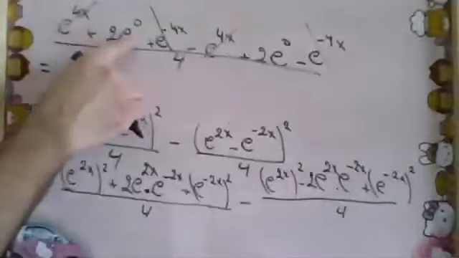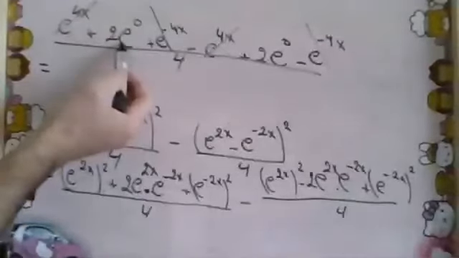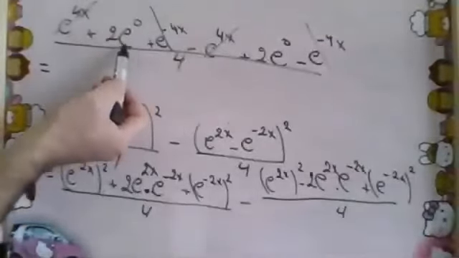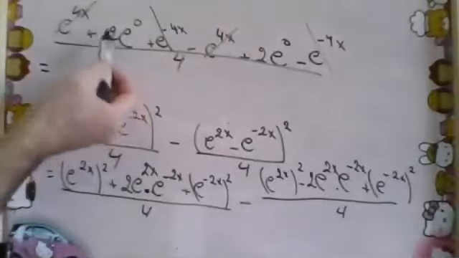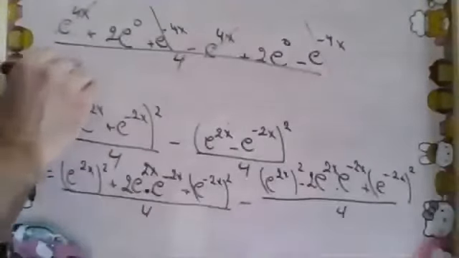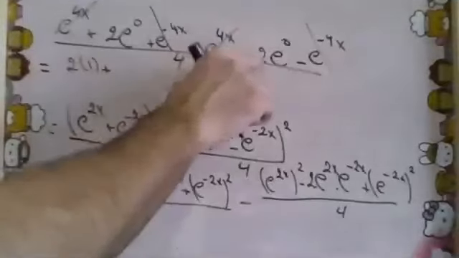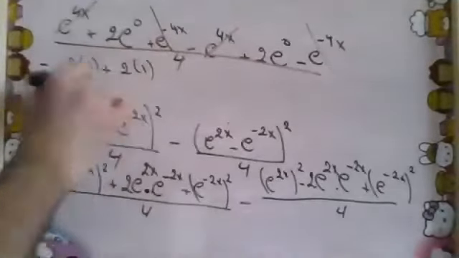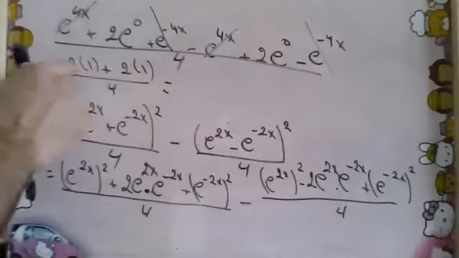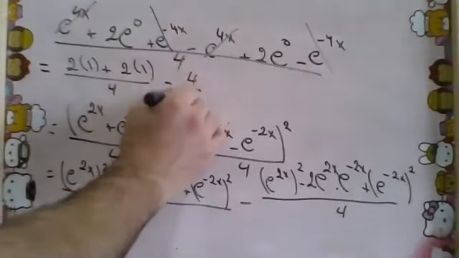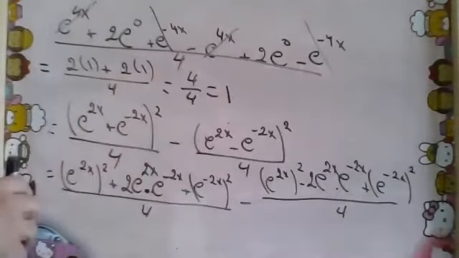What is e power 0? 1. So 2 times 1 plus 2 times 1 over 4, which is 2 plus 2, 4 over 4, and the answer is 1.